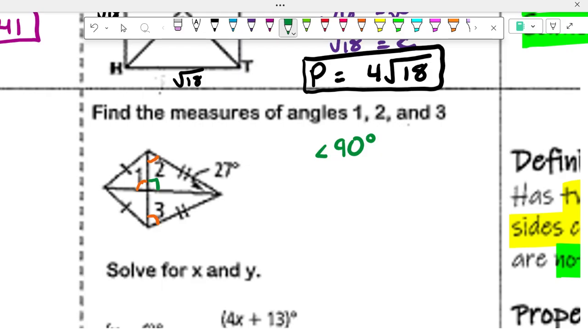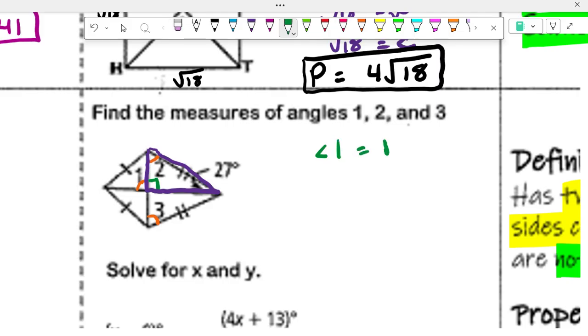Now, what would then be the next easiest angle to find? 2, because now we have a 90-degree angle, but we also have another angle labeled here as 27. And we have a triangle. So how do I find it? Add 90 and 27 together and subtract from 180. Oops, I totally wrote this wrong.